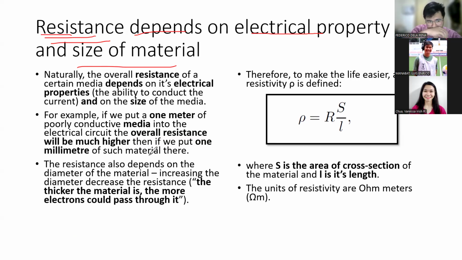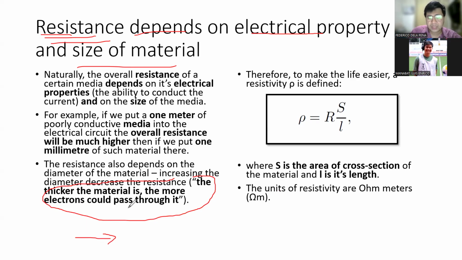Conversely, the thicker or wider the media, the more electrons can pass through it, so you get a decrease in resistance when your material is wider with respect to the flow of the electrons.